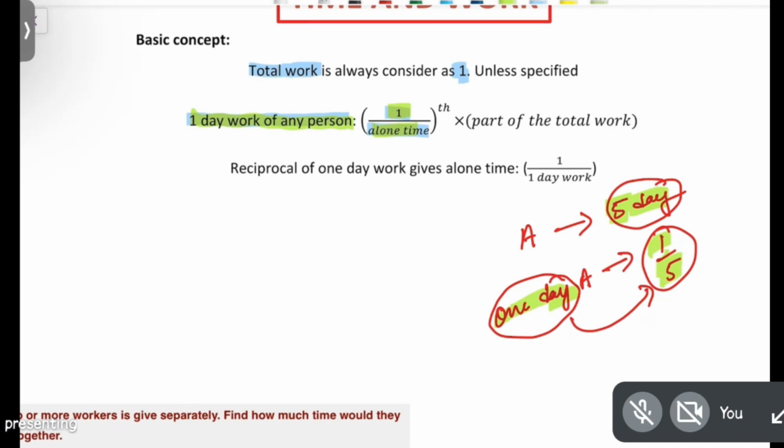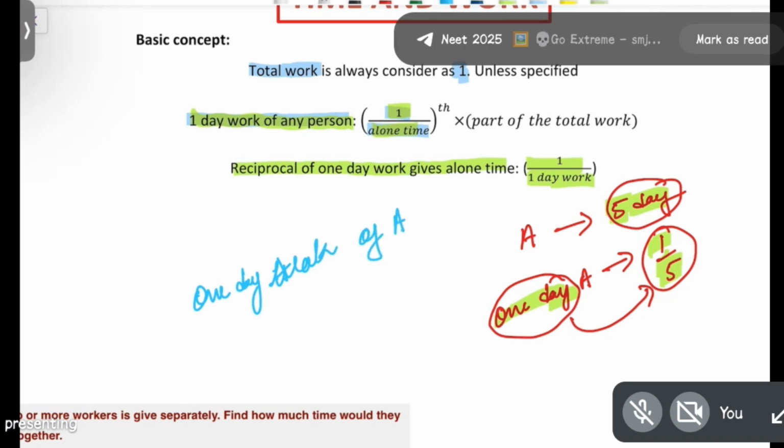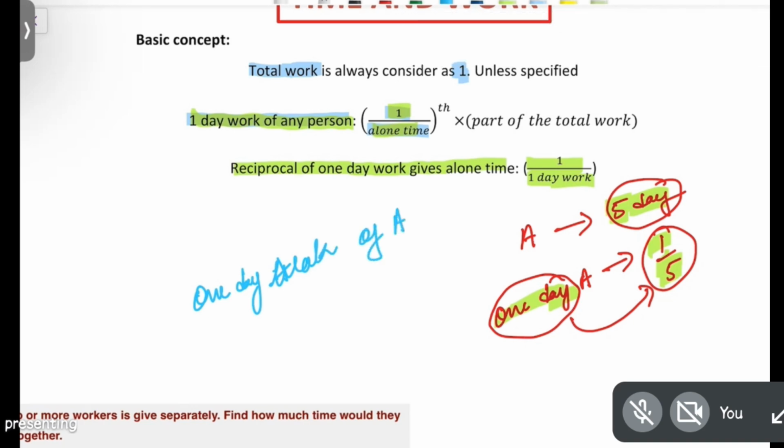The reciprocal of 1 day work gives alone time. So let's say, for example, in your question, 1 day work of A is 1/20.